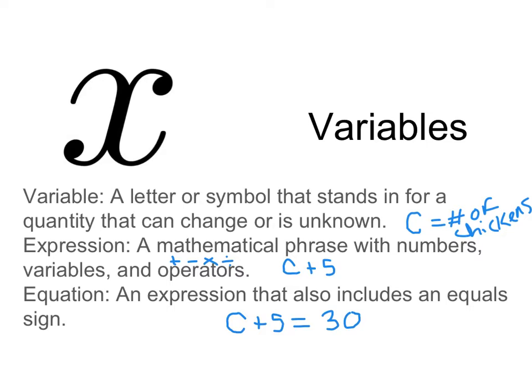This is an equation because it has an equal sign with something else on the other side. So probably the most important distinction here is that an equation has an equal sign, whereas an expression does not. But both of them use variables.